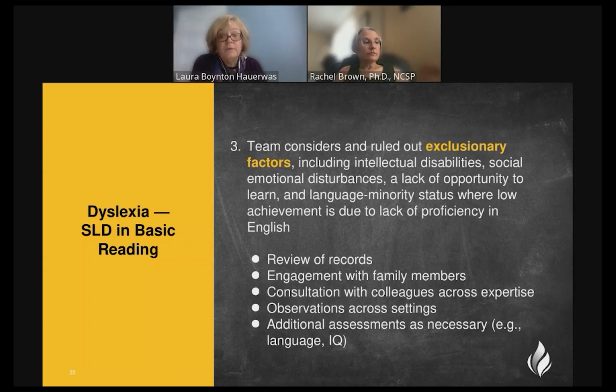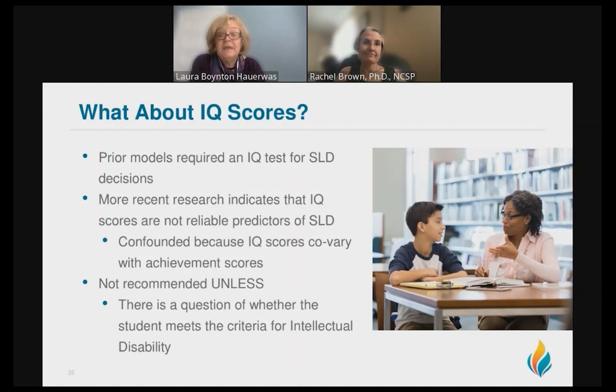And one of the big questions here often becomes, what about an IQ test? It's not necessary. It's only necessary if the team has a question about whether the student has an intellectual disability. Our previous models of specific learning disability required an IQ test, but currently that is not the case.